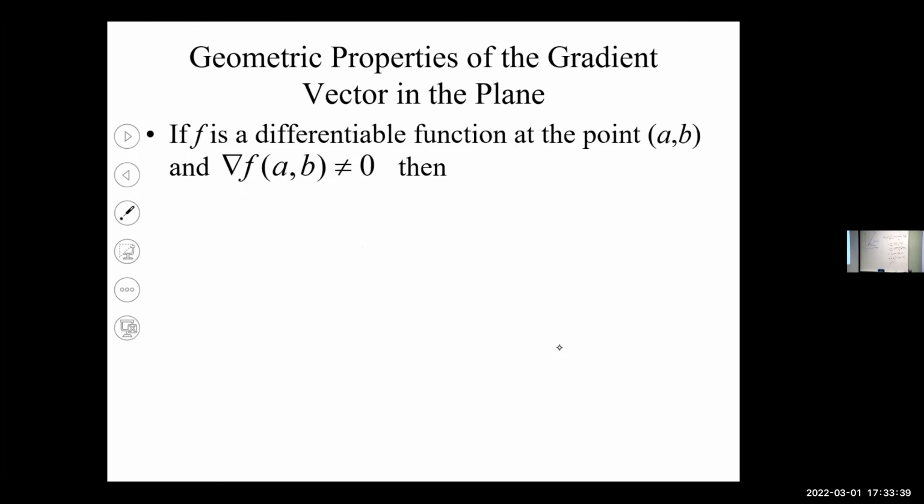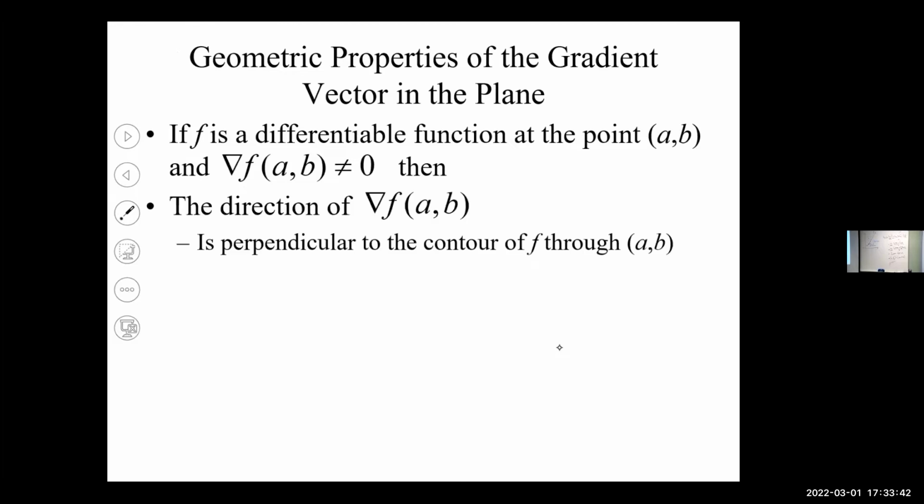So let's say we have a gradient. Well, remember, we said we would want to be moving perpendicular to a level curve to be moving up or down as quickly as possible. The gradient points in that direction for us. It's always pointing in the direction of increasing f.